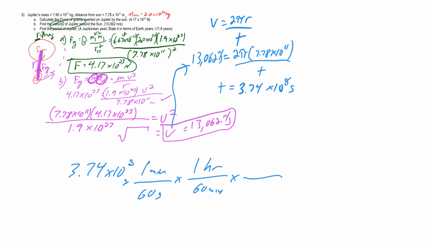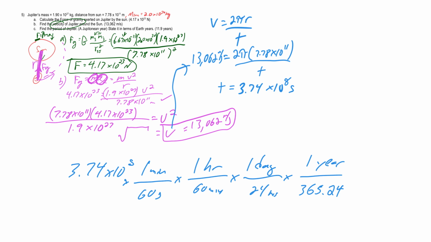We have 24 hours in 1 day. And in 1 year, we have 365. It's about a quarter. It's a little bit less, to be honest. I'll put the actual, it's 0.24, but basically a quarter. That's why every 4 years we have a leap year.